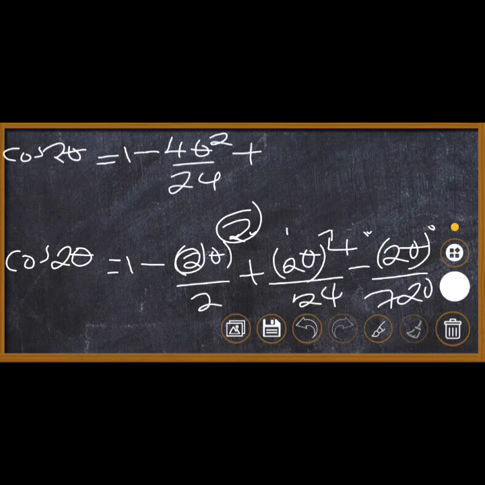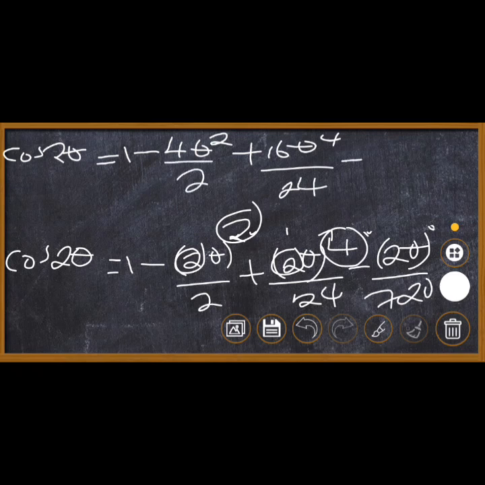Then added to 2 to the 4th power is 16, so we're going to have 16 theta to the 4th power over 24. Sorry, I had forgotten, here it's just 2, it's not 24. So 24 has to be here, and then here we have to have 2.